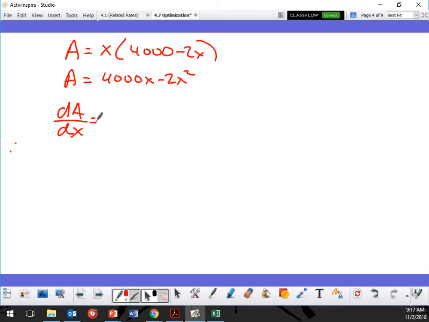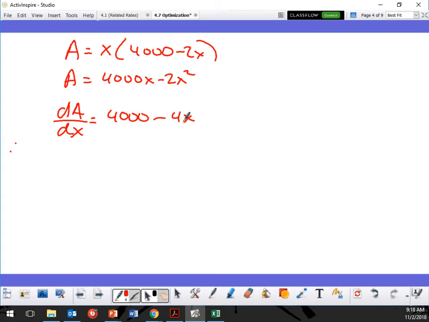So it's going to be 400 minus 4x. Now, since we're trying to maximize the area, we know the derivative has to equal 0, and that's going to give me a min or max, because the derivative is a slope, and a maximum or minimum has a slope of 0.